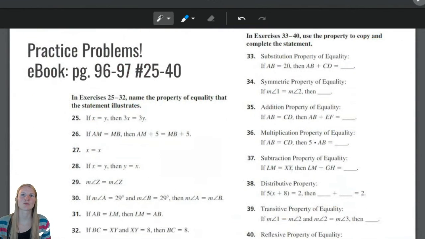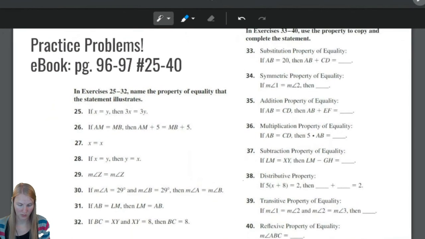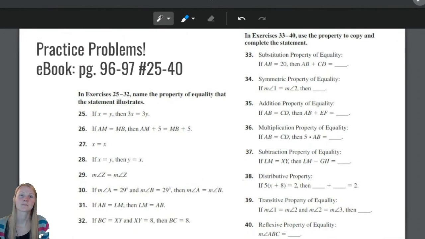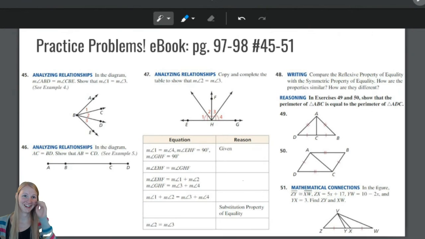Okay, practice problems. There are a lot of practice problems for this section. There are these practice problems, and then there are all of these. I intentionally gave you lots and lots of practice problems because the more comfortable you get with proofs, the easier they become. I know that you don't want to do things that are uncomfortable, but the more you do them, the more comfortable you get.